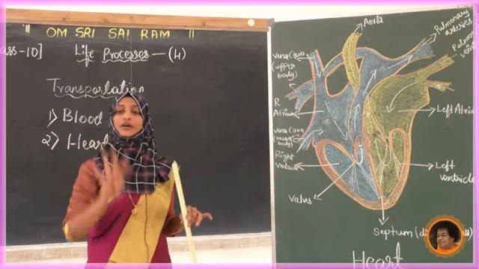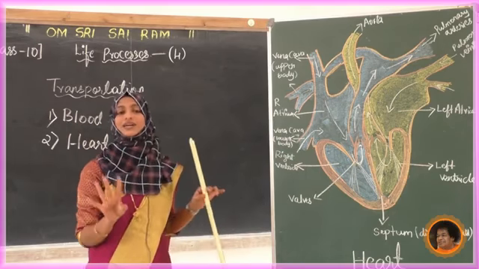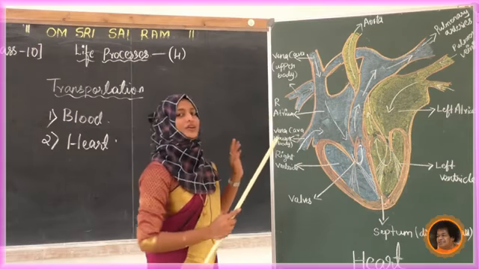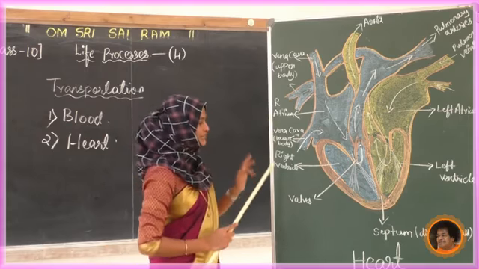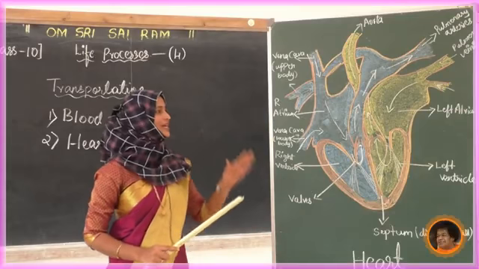These are the 4 major parts in our heart. Because we are human beings, we have a 4-chambered heart. So we come to know the 4 chambers: right atrium, right ventricle, left atrium and left ventricle. Come to know now?